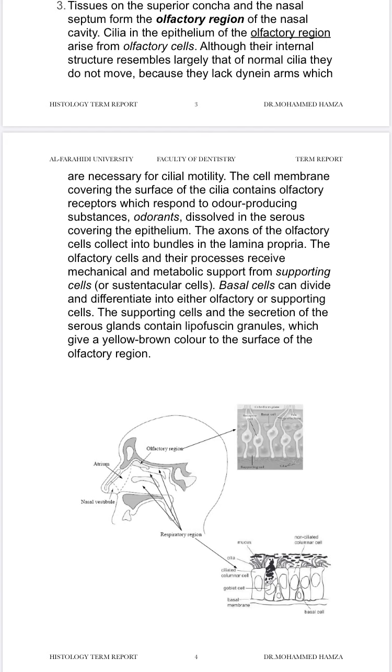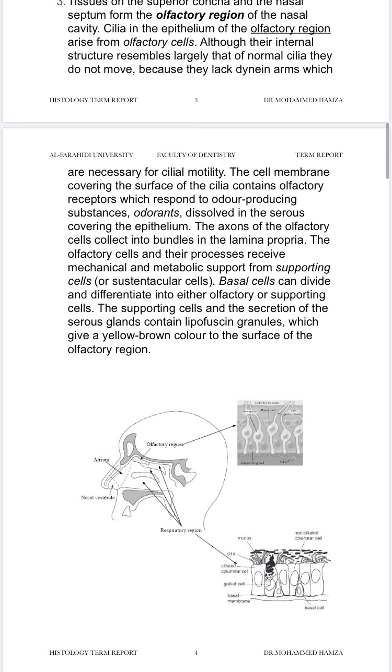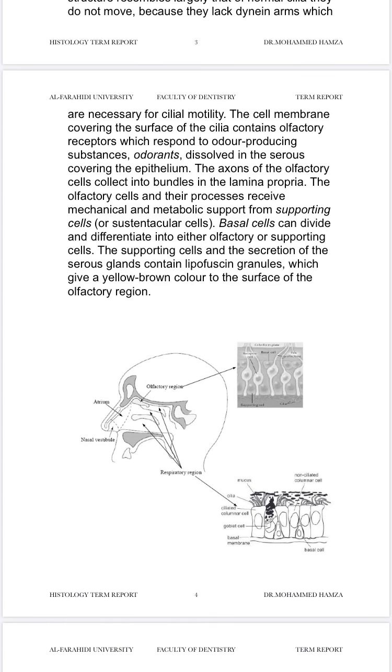The axons of the olfactory cells collect into bundles in the lamina propria. The olfactory cells and their processes receive mechanical and metabolic support from supporting cells, and basal cells can divide and differentiate into either olfactory or supporting cells.